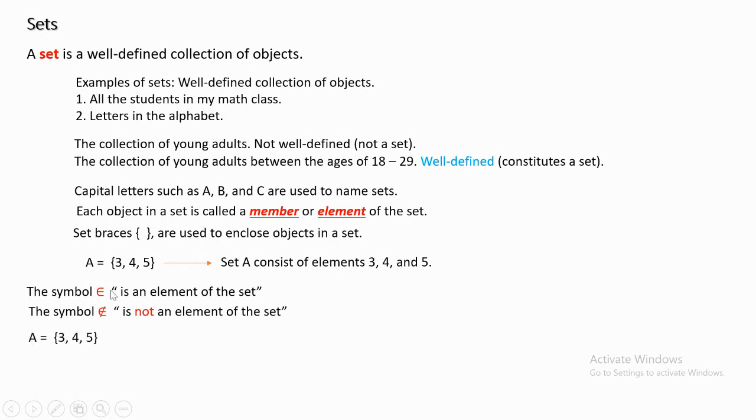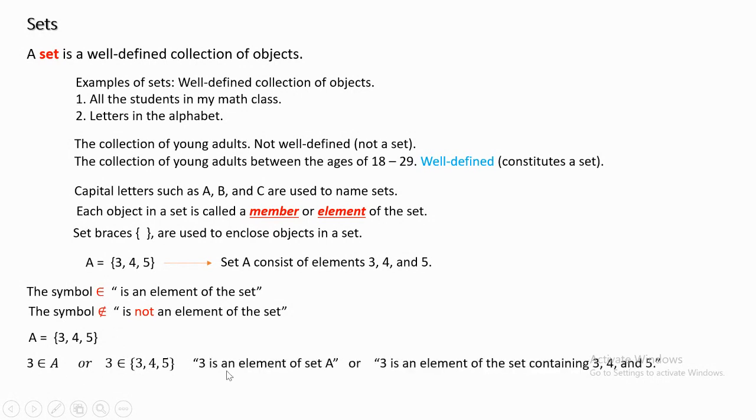Going back to set A with elements 3, 4, and 5, we can say that 3 is an element of set A, because 3 is inside the set. Here you read it: 3 is an element of set A, or 3 is an element of the set containing 3, 4, and 5.